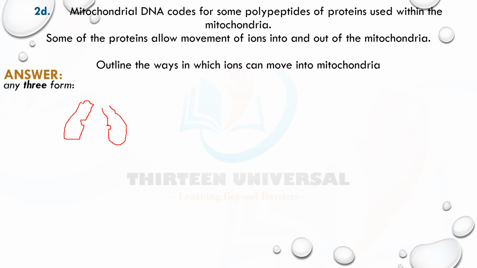So when the molecules bind to the carrier protein, it undergoes a conformational change in shape. You see it changing shape. Carrier proteins always undergo conformational change in shape. You can see it has changed its shape in order to allow the ion to be transported out.